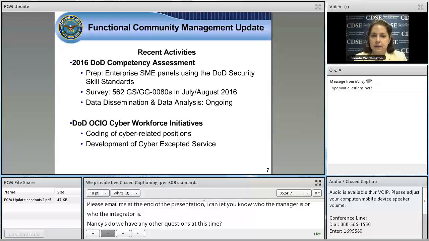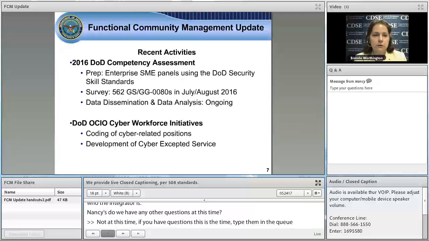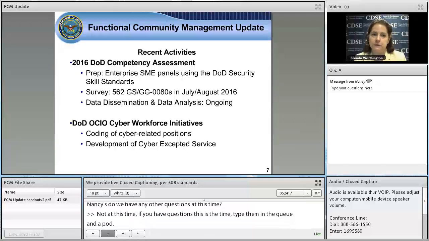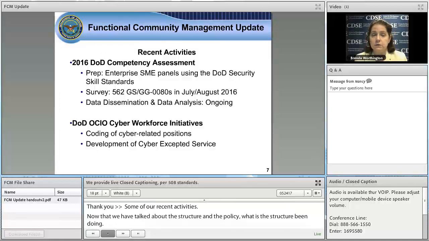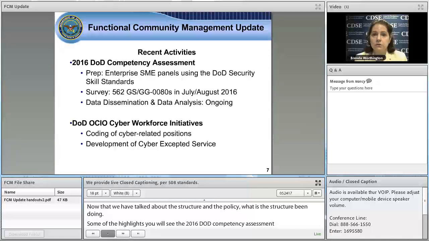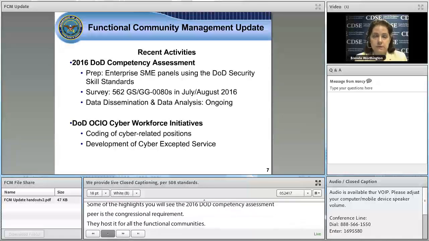So some of our recent activities, now that we've talked about the structure and the policy and what the structure has been doing. Some of the highlights, you'll see the 2016 DoD Competency Assessment. This is a congressional requirement that OUSD Personnel and Readiness hosted for all the functional communities. The requirement is to understand competency gaps and strengths, as mentioned previously, and this was done through a survey.